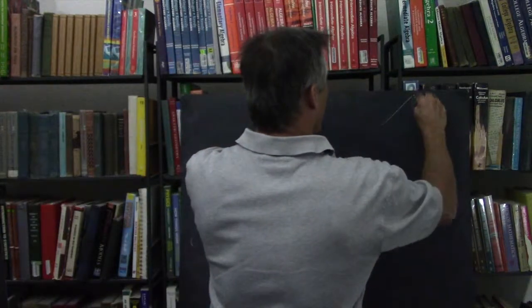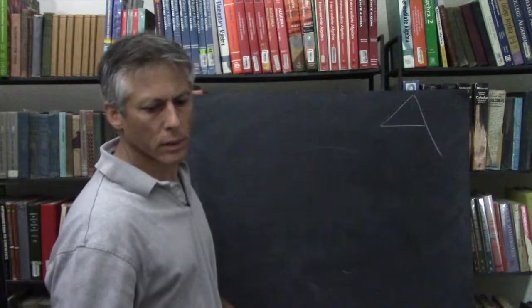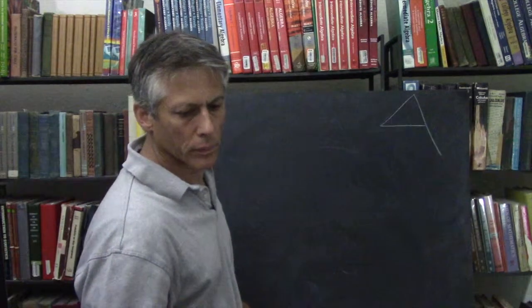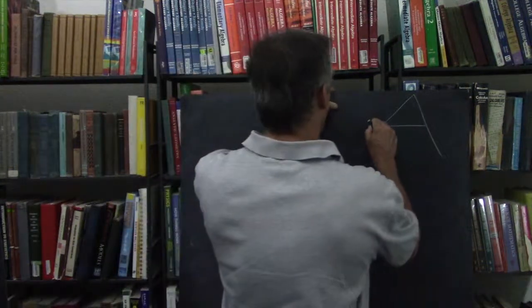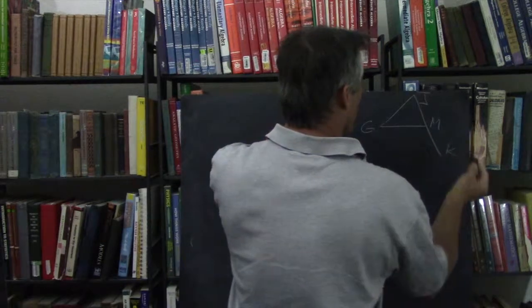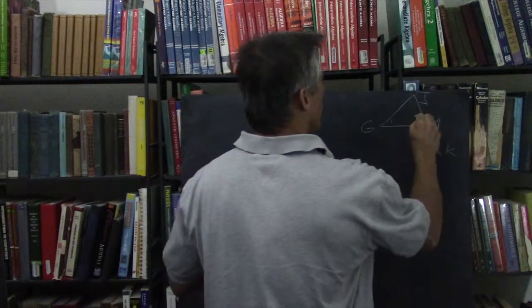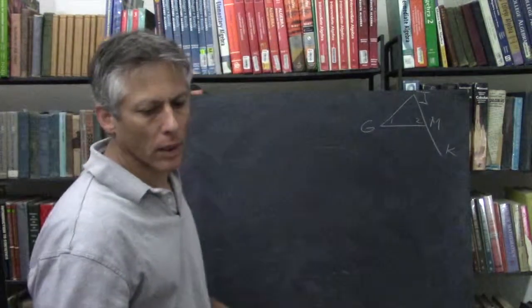So we have a diagram like that. GJMK. And angle 1 and 2. Alright.